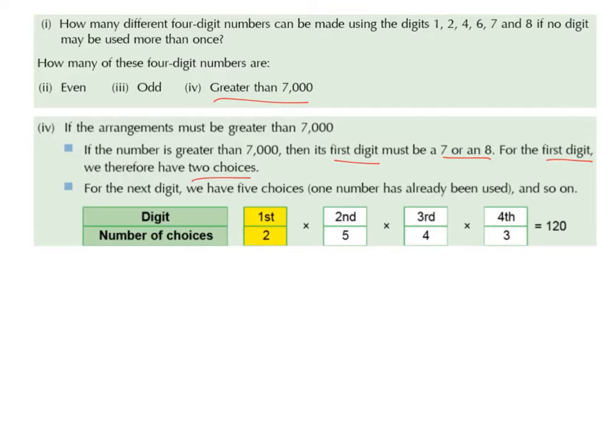If the question had said how many of these 4-digit numbers are less than 7,000, then we would have had to choose a number that was less than 7. So we would have been left with 1, 2, 4, and 6. So we would have had 4 options for the first, 5 for the second, 4 for the third, and 3 for the fourth, and we would have multiplied them out.